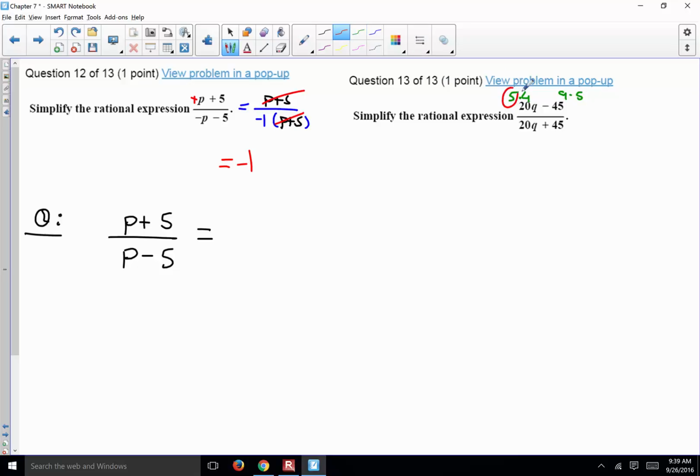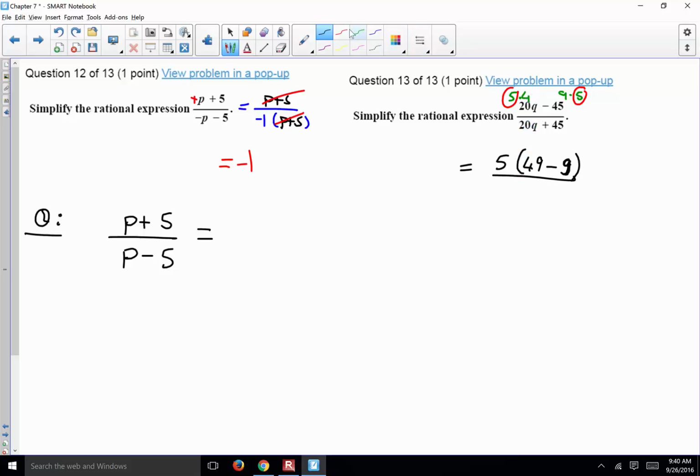Do you see something common between them? There is a GCF, greatest common factor, on the top. There is a common term between them. I can pull 5 out, and this becomes 4q minus 9. My 9 and q look the same. I will make my 9 like this. Okay? The bottom.